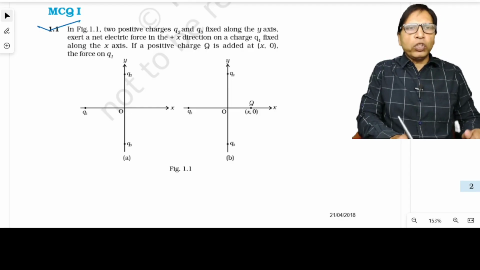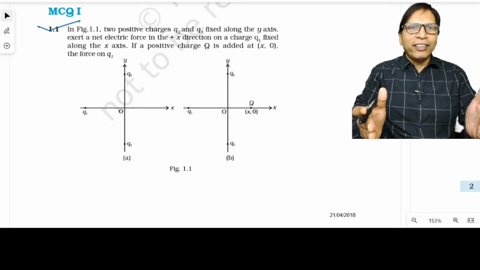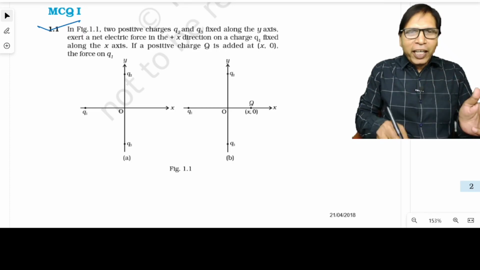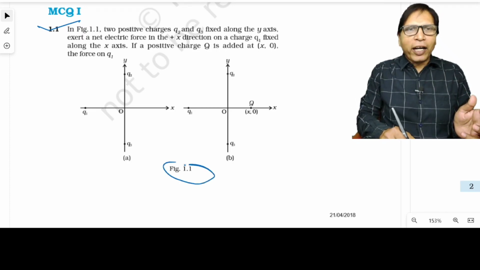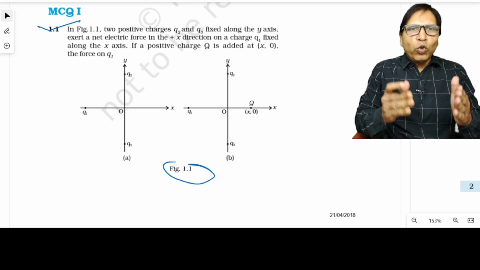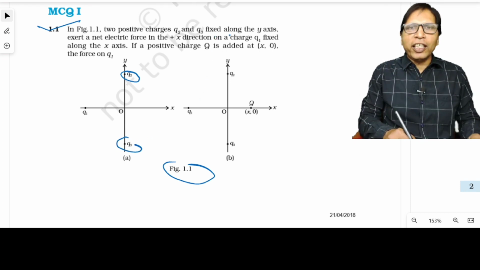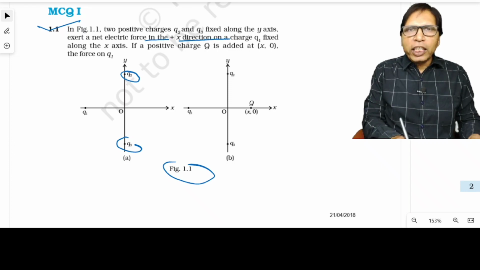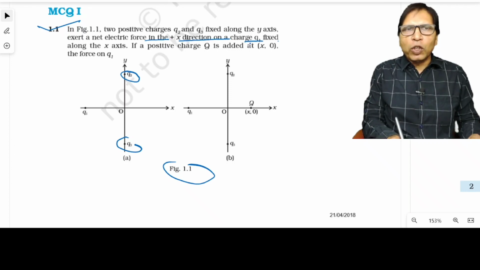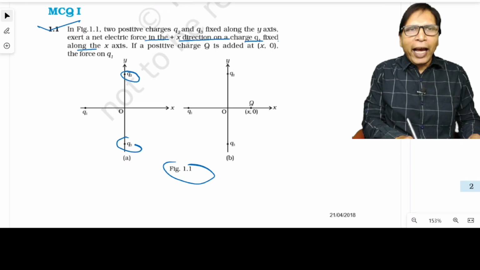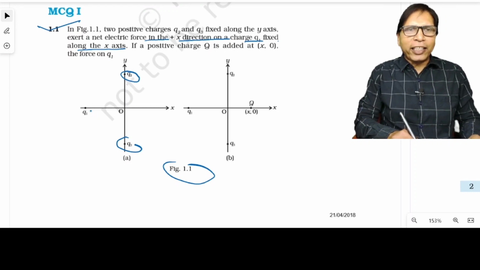Now look at this question 1.1. Look at this figure. This is the 1.1. Two positive charges, this is the Q2 and this is the Q3, fixed on the y-axis, exert a net electric force in the positive x direction on the charge Q1 fixed along the x-axis. Look at this.